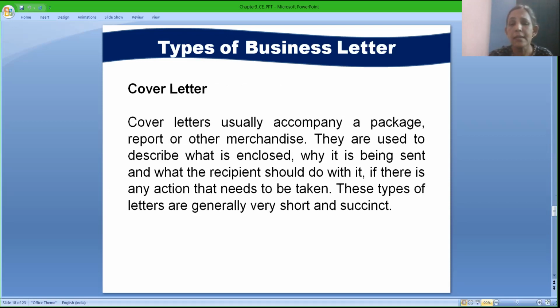Cover letters. These are used by most organizations wherein they talk about their product, when they are going to send a complete report about what is enclosed, what is being delivered.